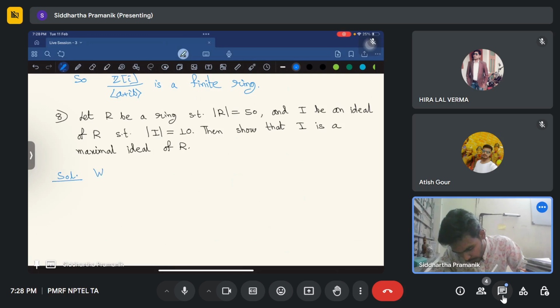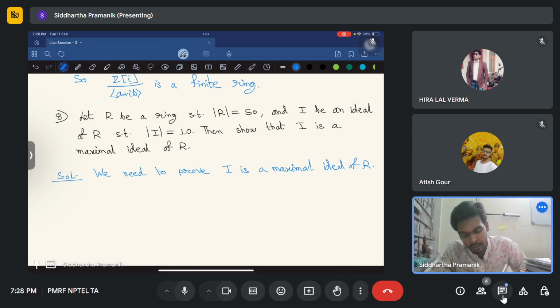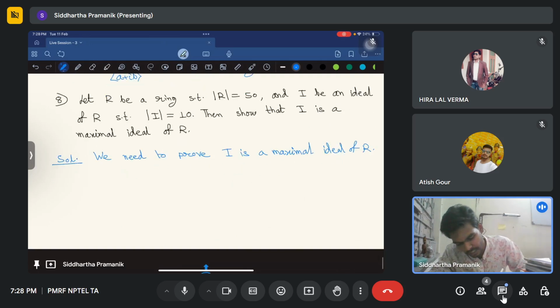So we need to prove I is a maximal ideal of R. Now what is the definition of maximal ideal?